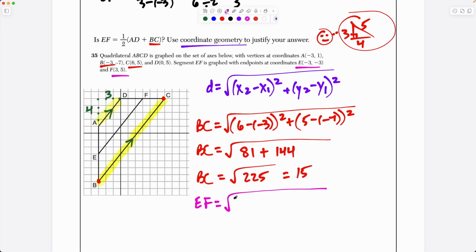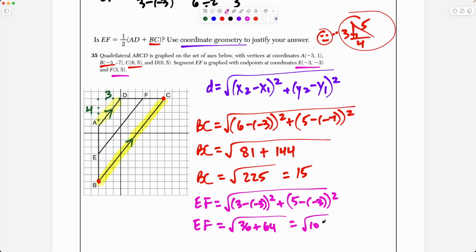So x2 is 3, minus x1 is negative 3, squared, plus the difference of the y values, 5 minus negative 3, squared. So EF is equal to the square root of 6 times 6 is 36, plus 8 times 8 is 64, which gives us the square root of 100, and 100 is a perfect square. It works out to 10 when we take the square root.